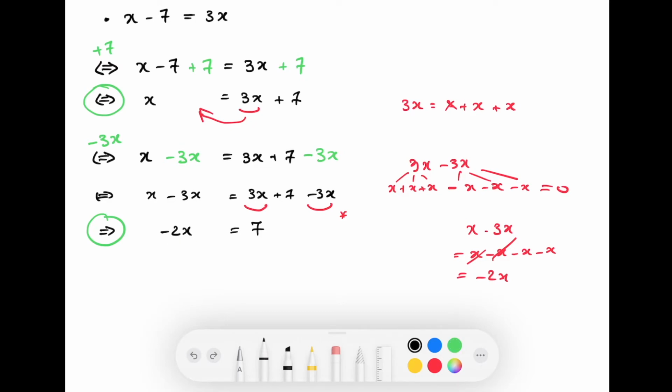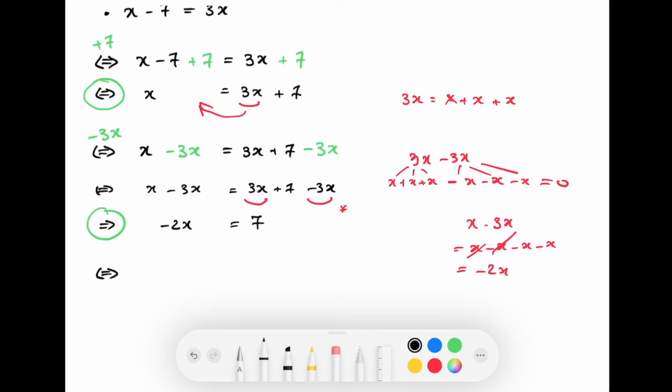Now we are at the point that we are familiar with. Just a number in front of an x is equal to a number. We can get rid of this number in front of the x by just dividing by this number. So we divide by minus 2. So let's see what this becomes.